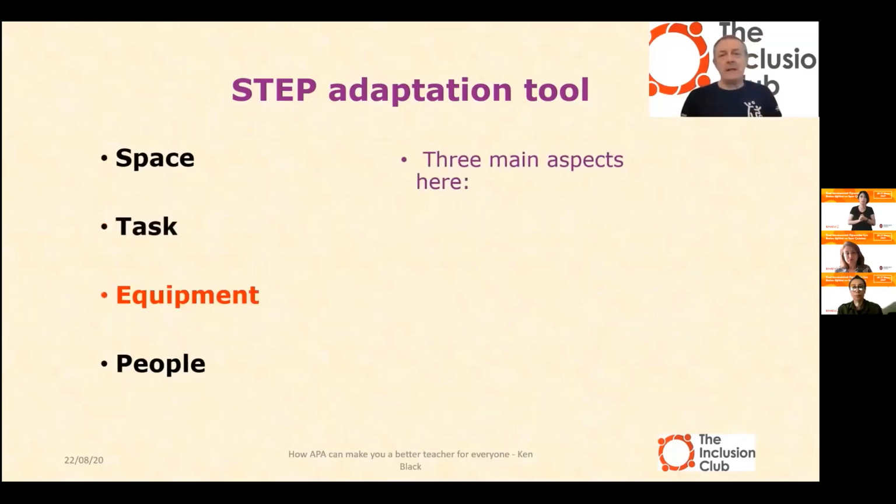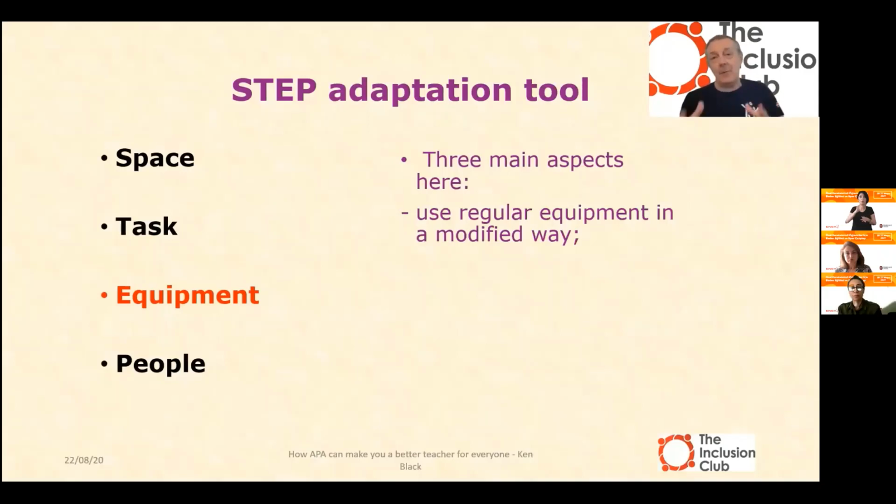3 main aspects of equipment. I like to use regular equipment in a modified way. So we take regular balls and bats and other pieces of equipment and use them differently.